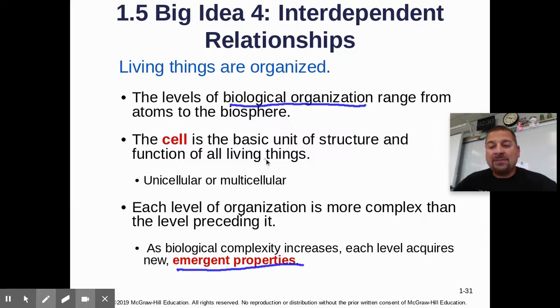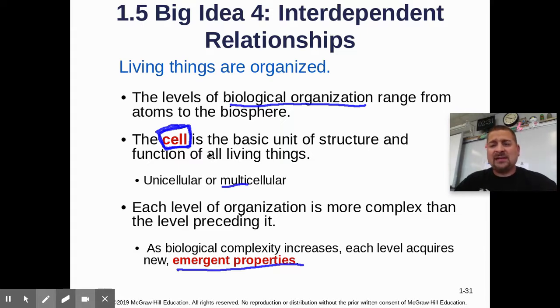So you have these different levels of organization, and each level is more complex than the one before it. We're starting at atoms and molecules, and eventually the smallest unit of a living thing, the cell. You can have a cell that is just a living thing, a single unicellular thing. But when you look at multicellular things, then you build upon that. An emergent property says that each of those small parts below it, like atoms, molecules and organelles, put together give a cell properties and function differently than those things, and often the things can't survive separately.